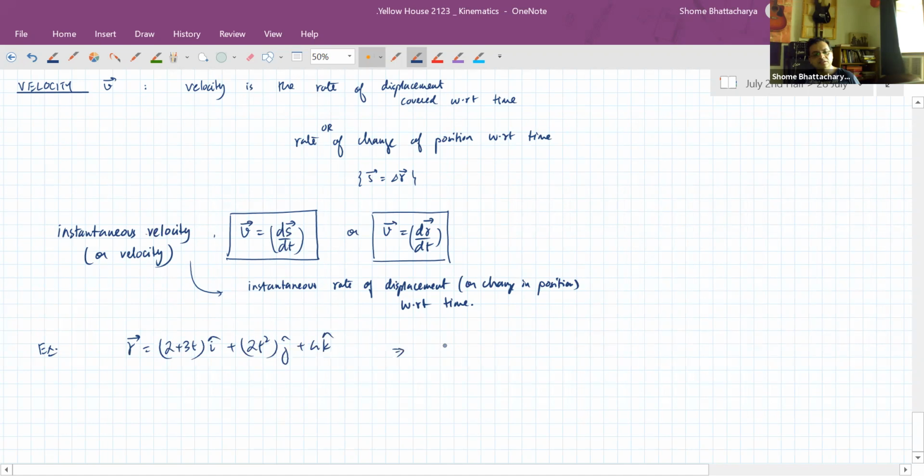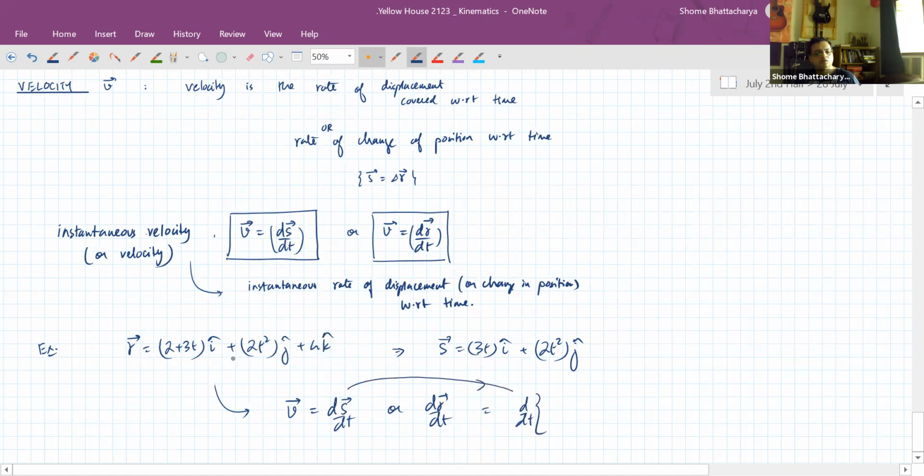From this we had seen that the instantaneous displacement was 3t i cap plus 2t square j cap. So now the instantaneous velocity at any point of time will be this, which is one and the same thing as this. If you go with this definition, you have to substitute this s.